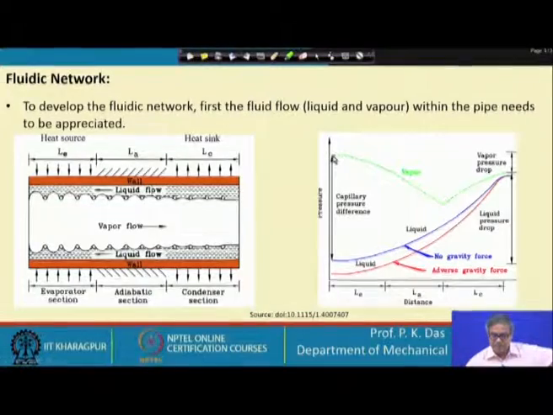So, for the vapor, what I have shown is that the vapor pressure starts with a high value at the beginning of the evaporator, and then it falls. It falls and it comes to some sort of a minimum value at the end of the adiabatic section.